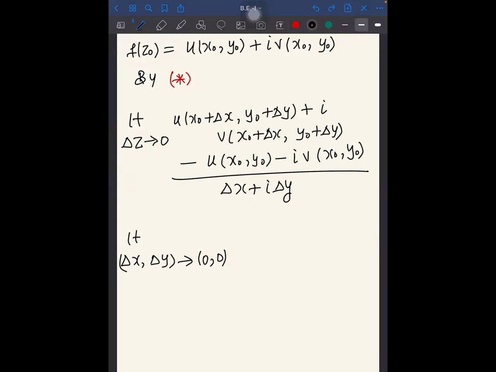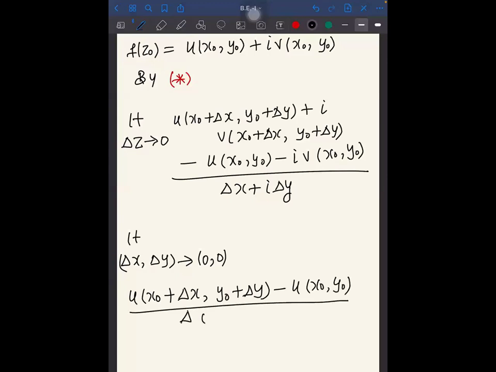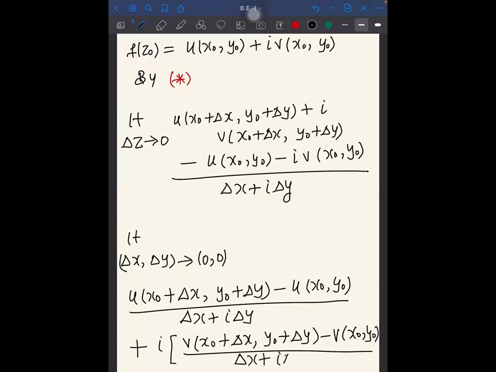The above expression can be written as u of x naught plus delta x, y naught plus delta y, minus u of x naught y naught, upon delta x plus iota delta y, plus iota times v of x naught plus delta x, y naught plus delta y, minus v of x naught y naught, upon delta x plus iota delta y, right? The terms containing iota are these two, so we separate them.